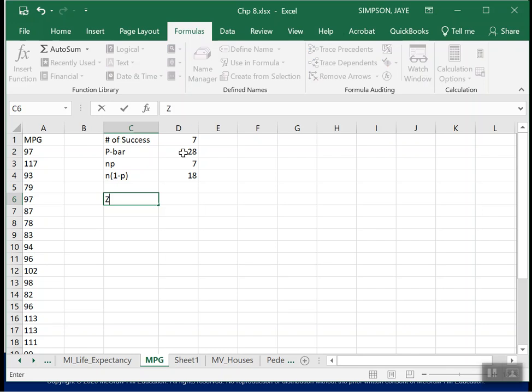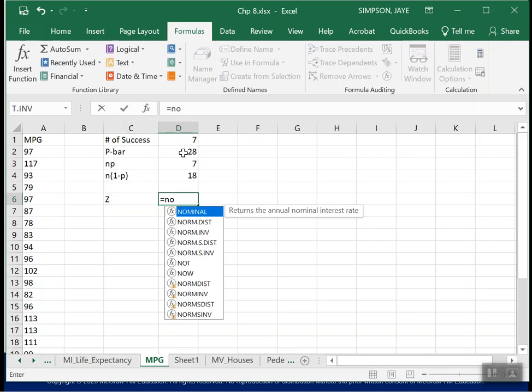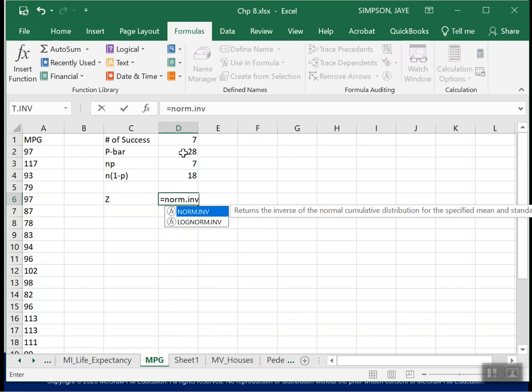So remember that z-score we calculated in an earlier chapter. We're going to use the norm.inverse formula. Okay, and so our probability, so if we're looking at 90% confidence interval, that means there's 5% in each tail.